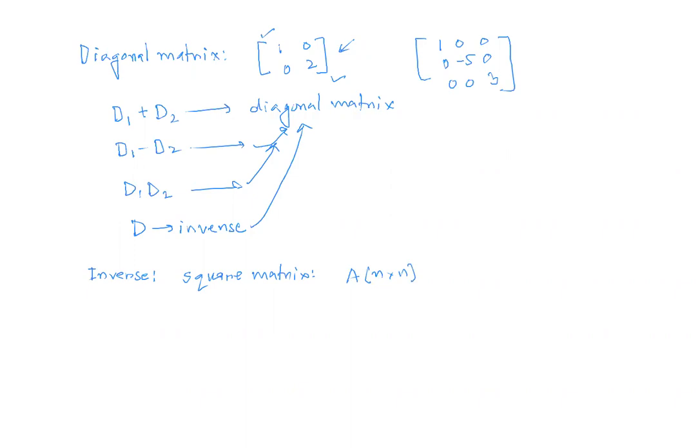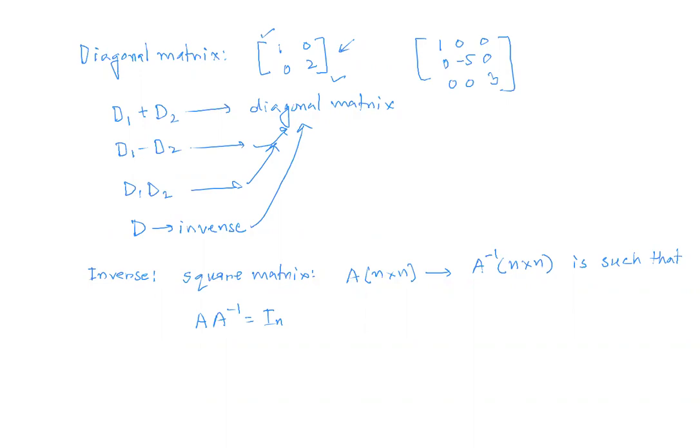The inverse of a square matrix, let's call it A inverse, is also going to be an n by n matrix such that A times A inverse is the identity matrix, n by n.